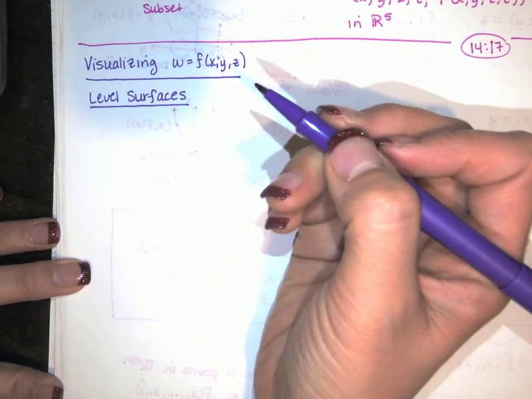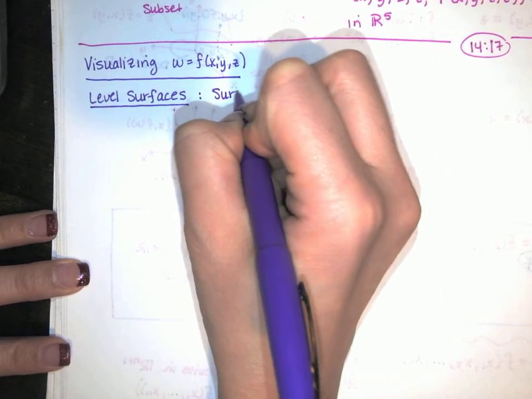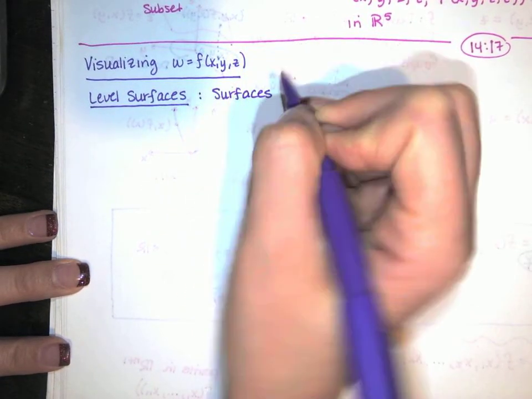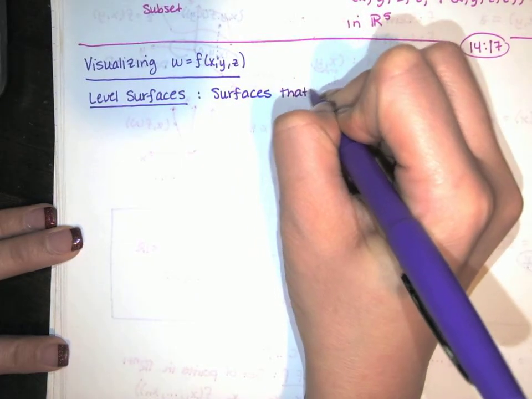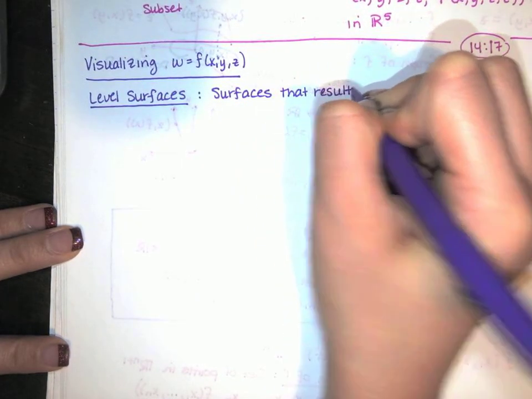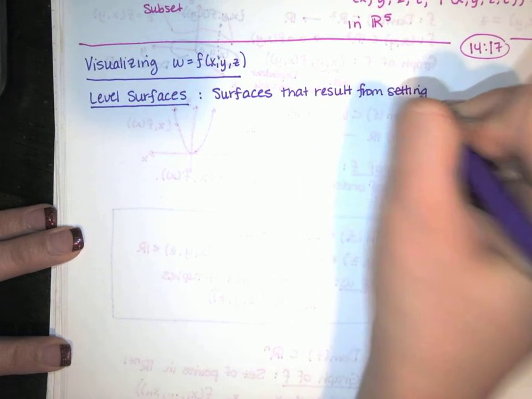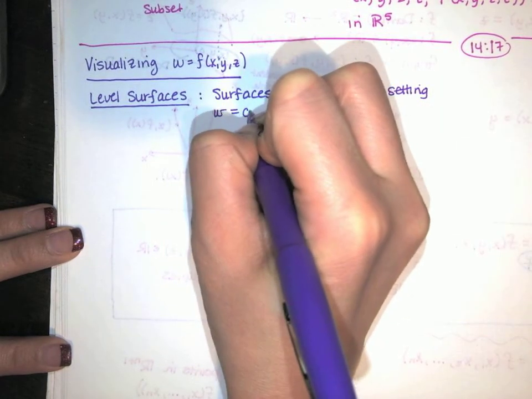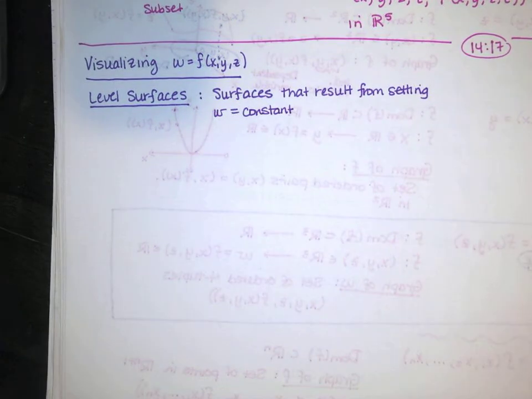So level surfaces are just surfaces that come from setting W equal to a constant and then graphing the resulting surface.